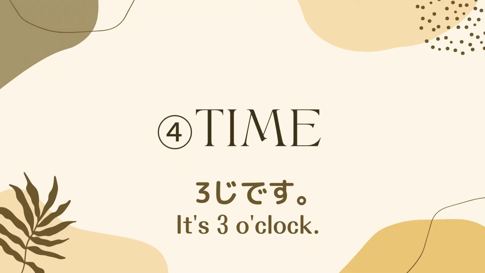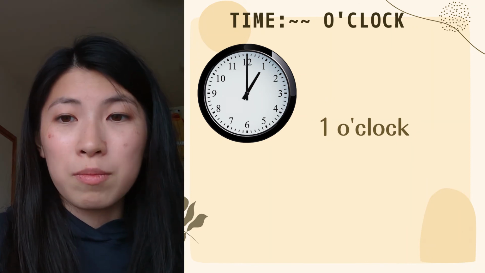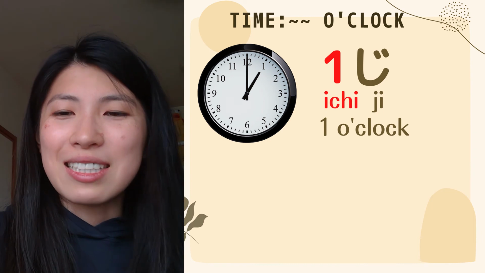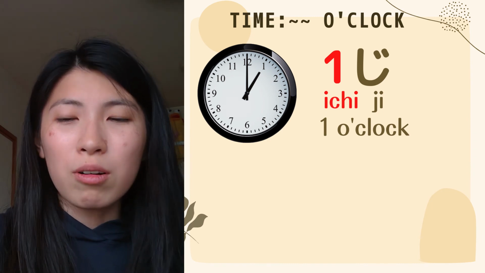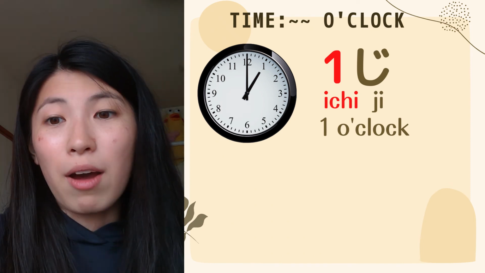Let's learn how to describe time in Japanese. For example, if you want to say 1 o'clock, we say 1時. 時 is a suffix for o'clock, so it's gonna be 1時. What about 8 o'clock?